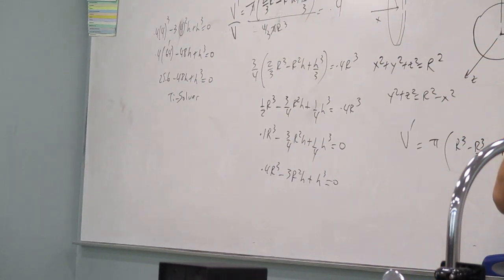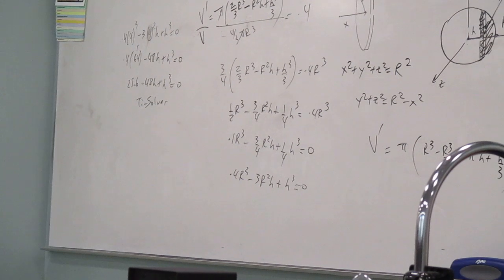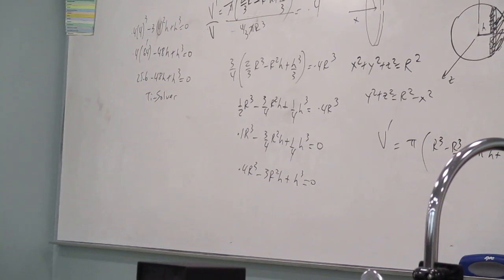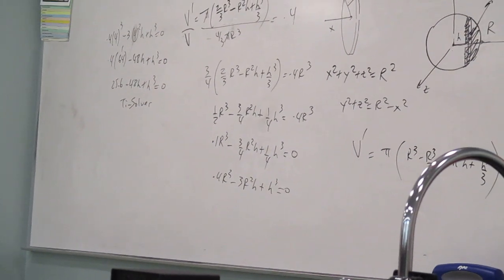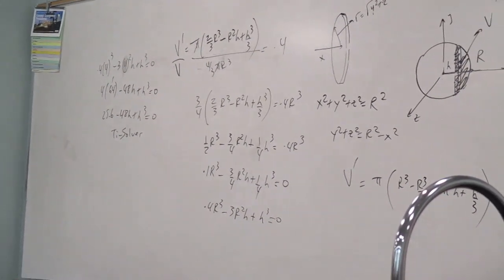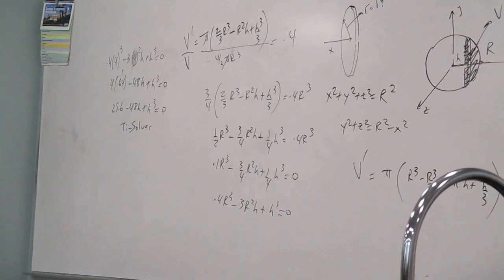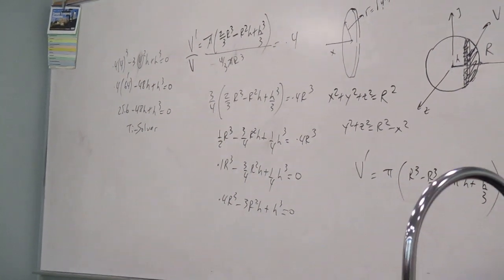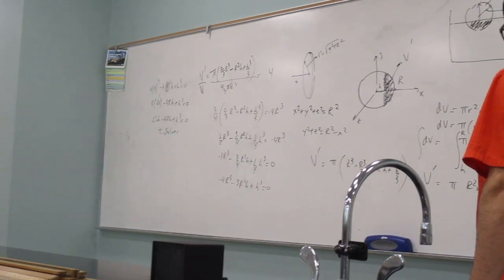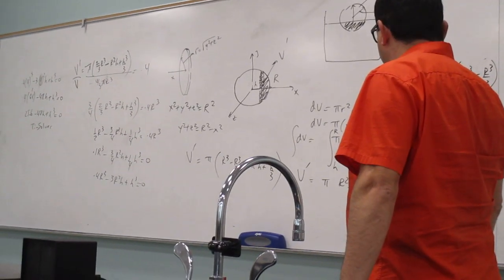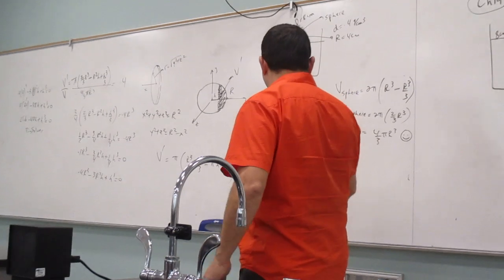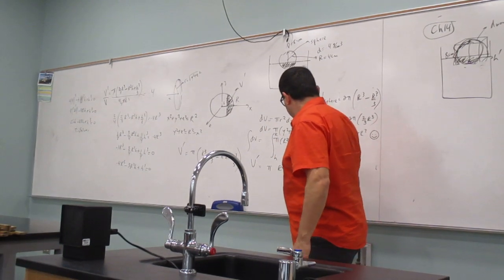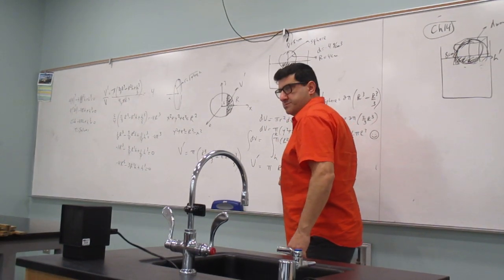Question? I have a question. Yes. When you integrated the sphere, at the beginning, you did pi r squared minus x squared dx. Then when you got the sphere, you did 2 pi r cubed minus r cubed over 3. My question is, why did you get an r cubed when you had r squared? How did I get an r cubed? When you put the x, the r here, you get r cubed.